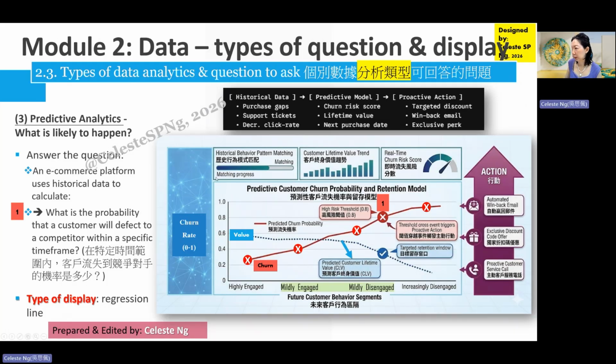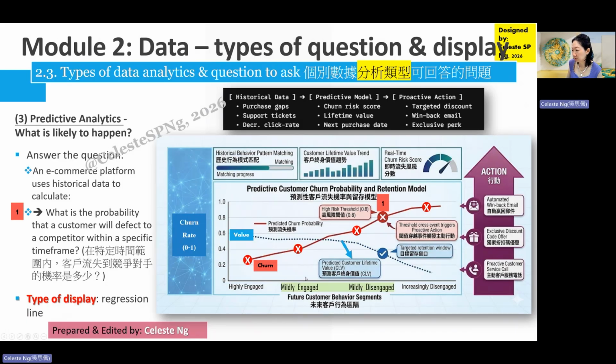We simply look at this diagram. In this diagram, we have a y-axis and an x-axis. The y-axis is about churn rate, rated based on values ranging from 0 to 1, and the x-axis is based on the customer behavior segment.